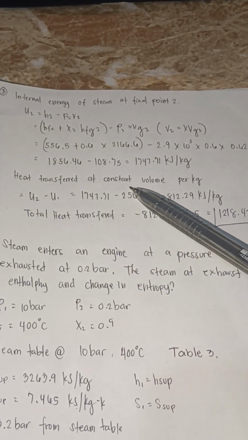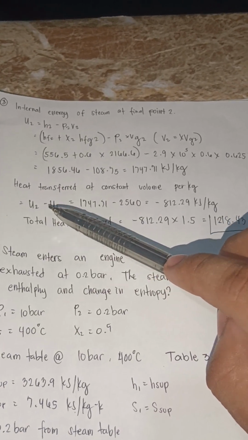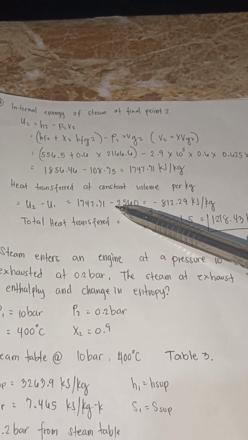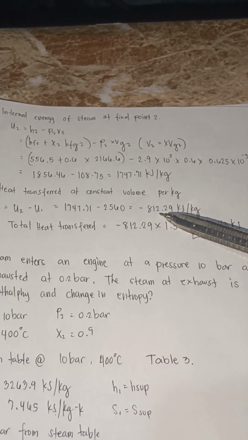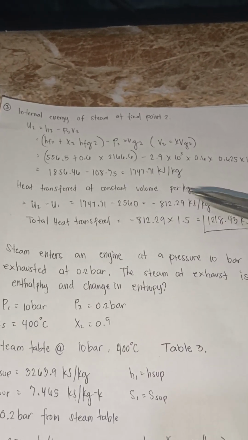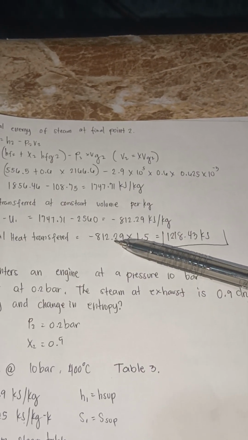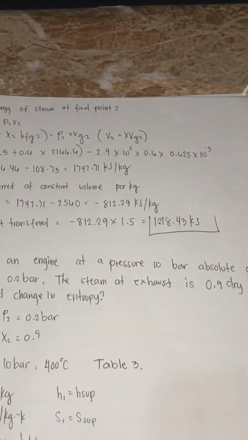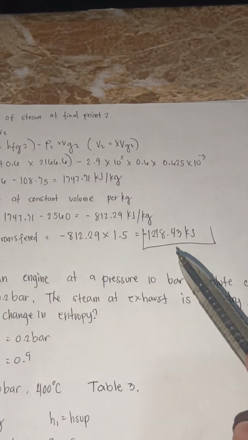The heat transferred at constant volume per kilogram is the final internal energy minus the initial internal energy, equal to 1747.71 minus 2560, equals negative 812.29 kilojoules per kilogram. So the total heat transferred is equal to negative 812.29 times 1.5. So the answer would be negative 1218.43 kilojoules.